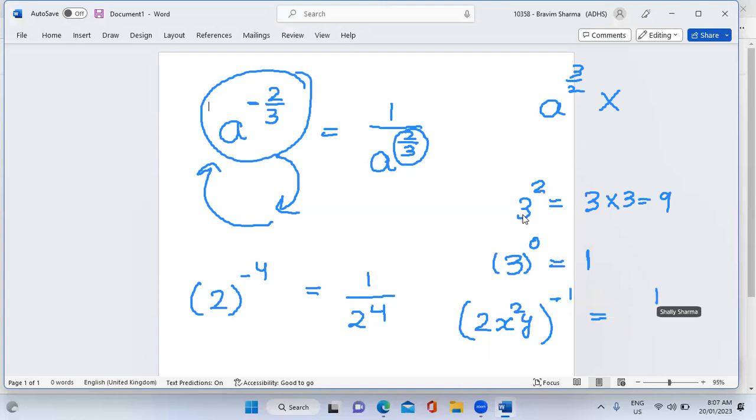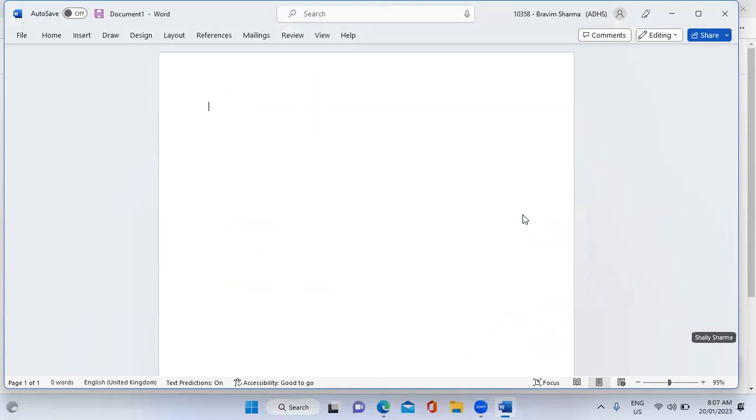So you will make it 1/(2x squared y) whole raised to the power of +1. What if you have 3 times (2x squared y squared) raised to the power of -3? Here this 3 is positive, so no need to do anything with this 3.